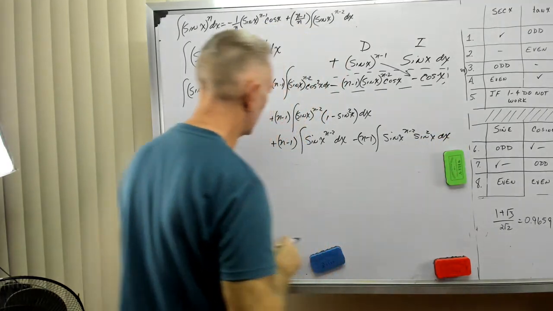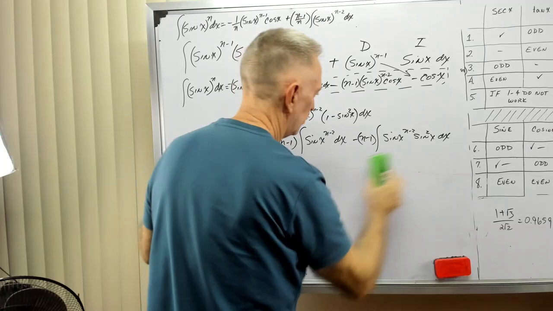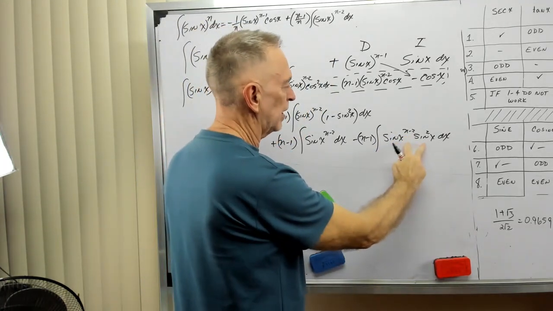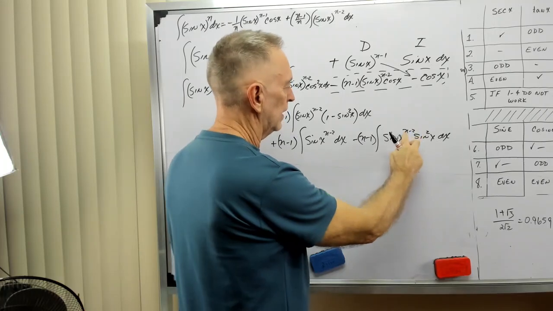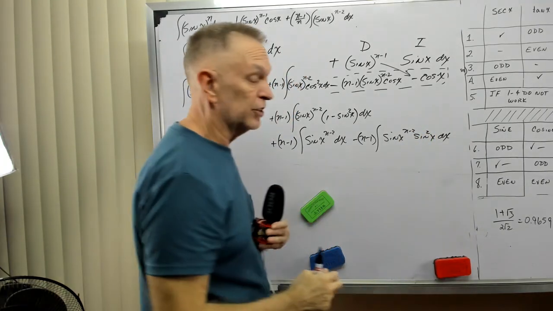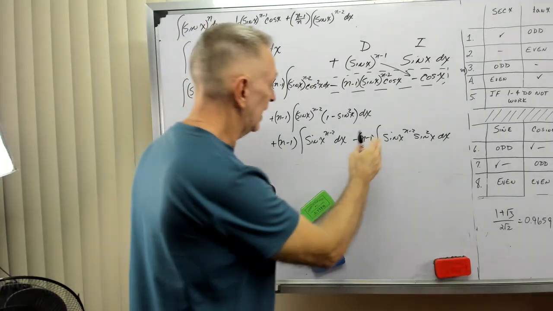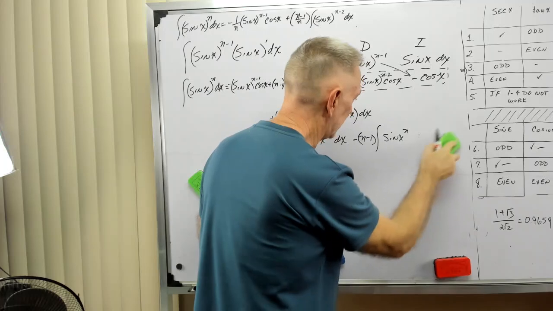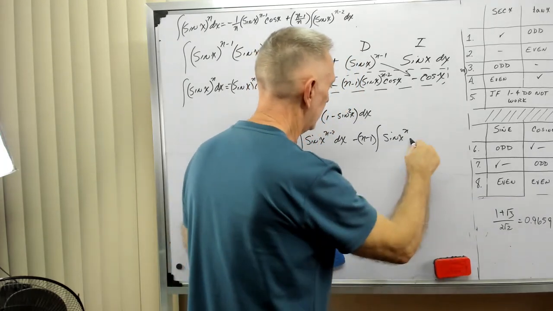All right, so you'll notice here, multiplying these two terms together, n minus 2 plus 2, the 2's cancel, and this just becomes sine x to the n. So it becomes this.